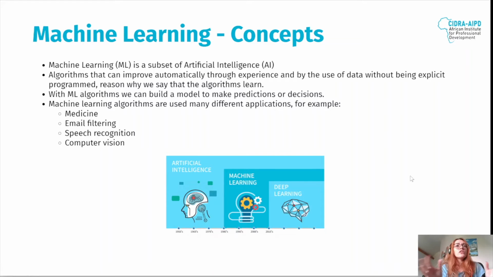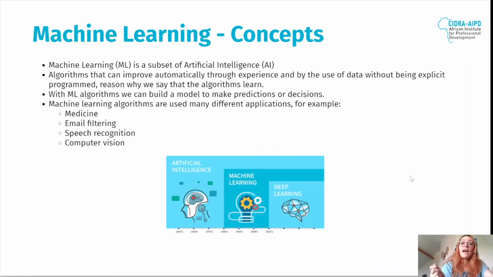And those models can be used in so many different areas. We can have medicine, we can have email filtering. When you open your email and you have your spam box, there is what we call email filtering behind that, based on these machine learning algorithms, saying this is likely to be spam, or this is likely to be a real email.